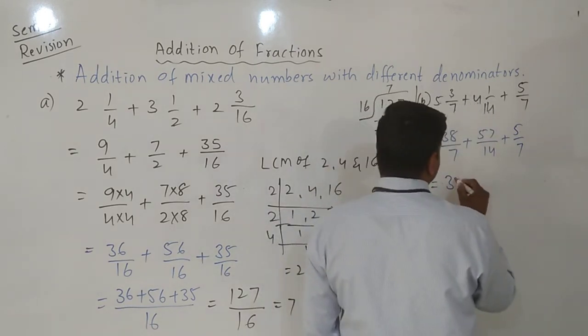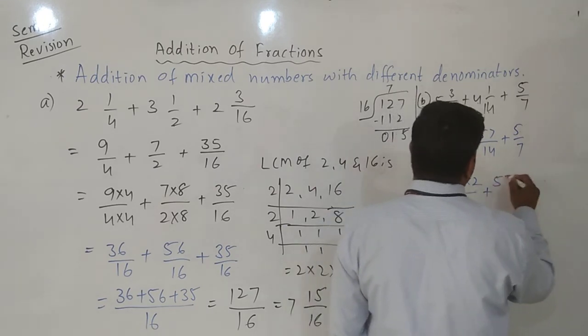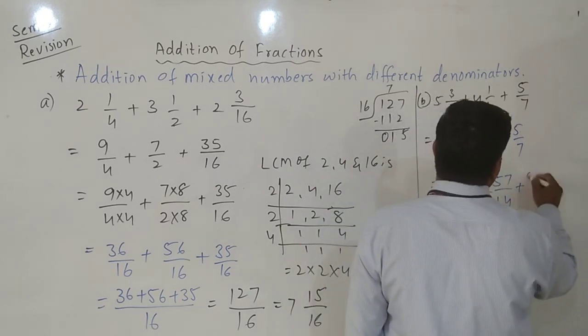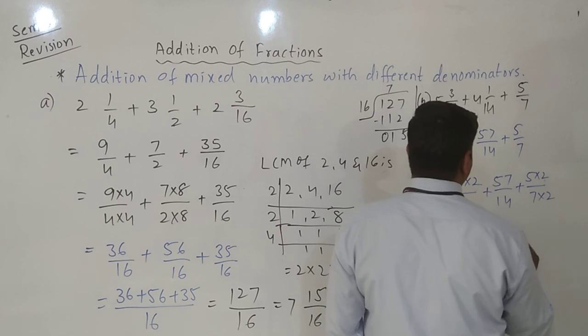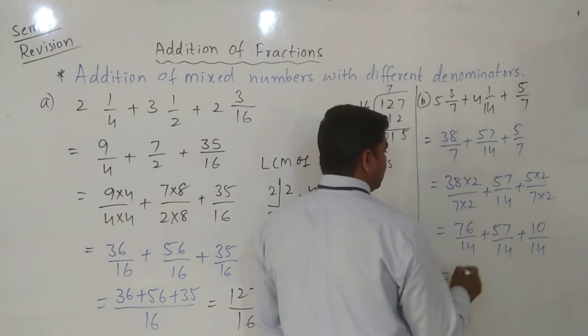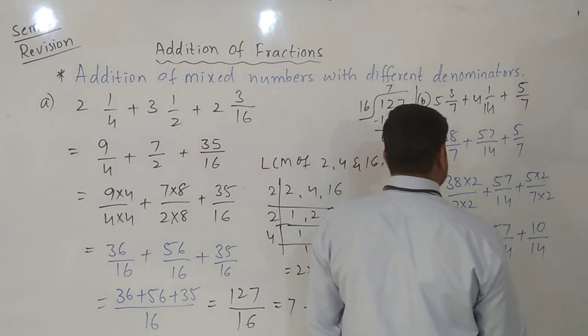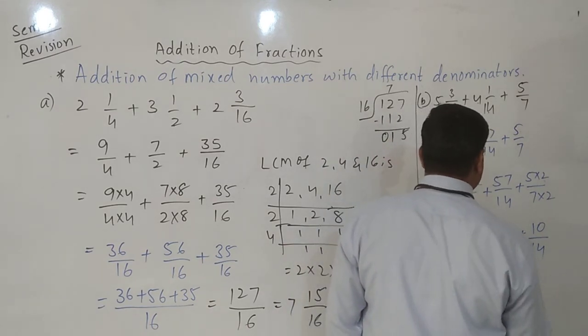Then 38 into 2 by 7 into 2 is 76 by 14, plus 57 by 14, plus 5 into 2, 10 by 14. Add all: 76 plus 57 plus 10 by 14.